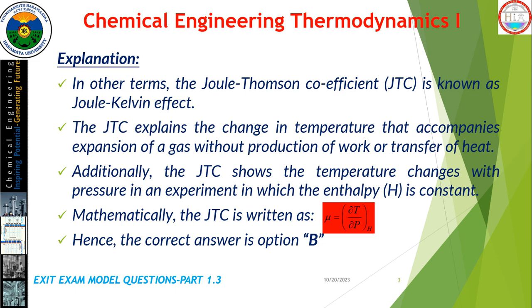Another description of the Joule-Thomson coefficient: it explains the change in temperature that accompanies expansion of a gas without production of work or transfer of heat. Additionally, it shows how the temperature changes with pressure in an experiment in which the enthalpy is constant.